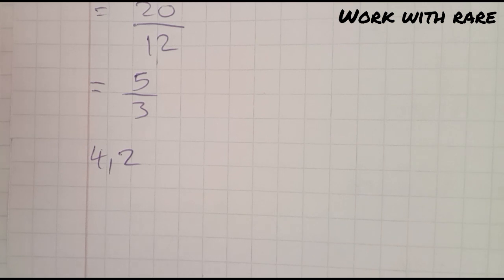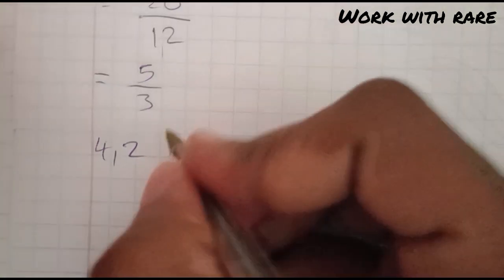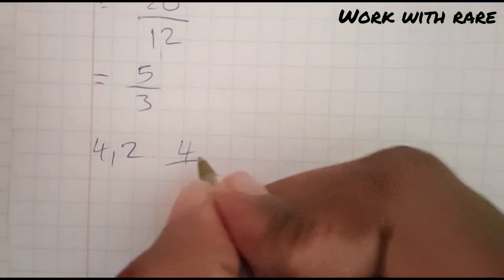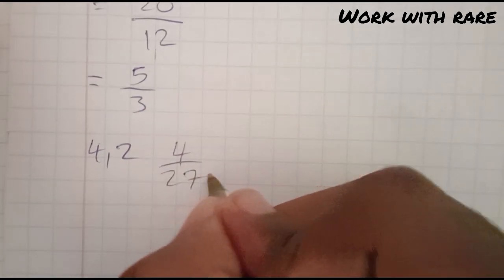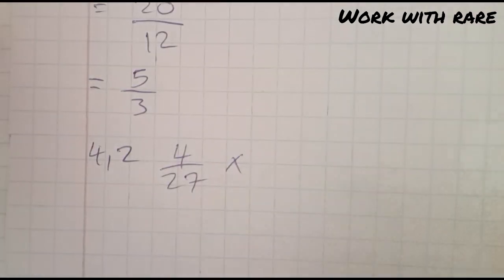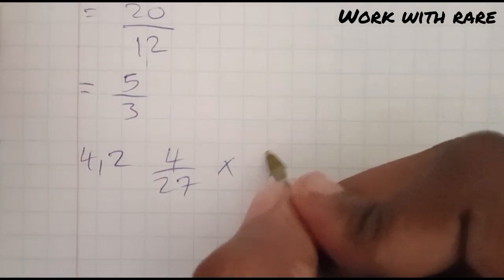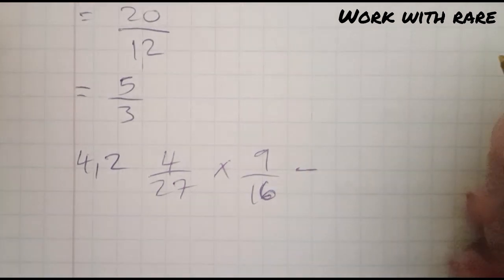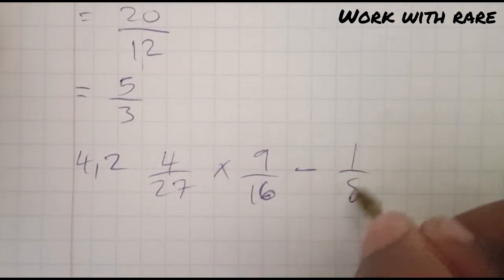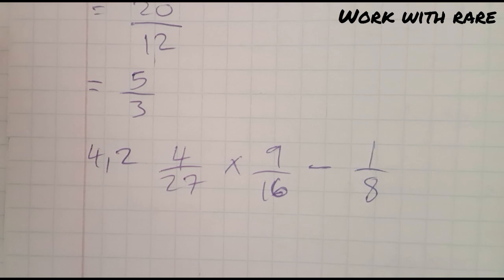Okay, so we are given this fraction 4 over 27, of, multiply, 9 over 16 minus 1 over 8. Okay, and it's 3 marks.